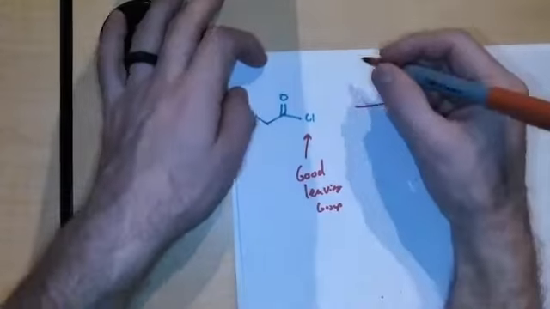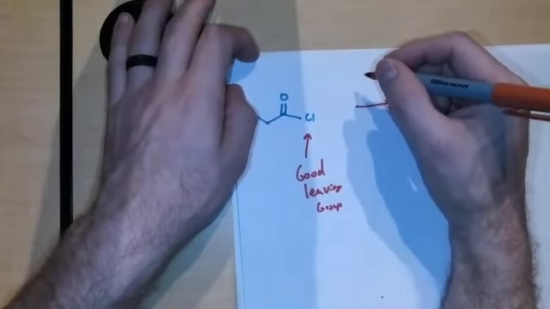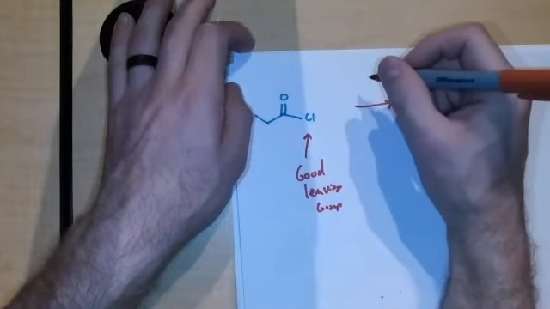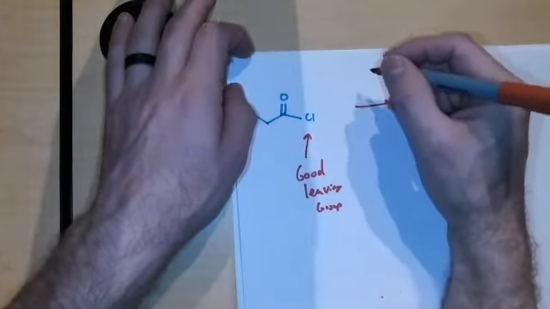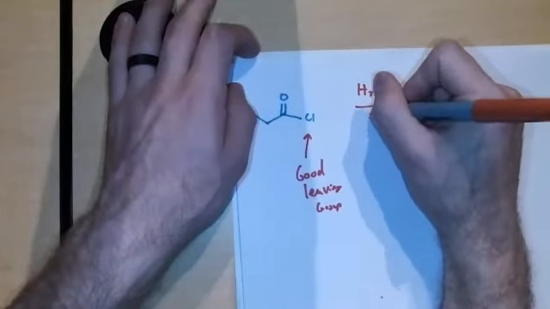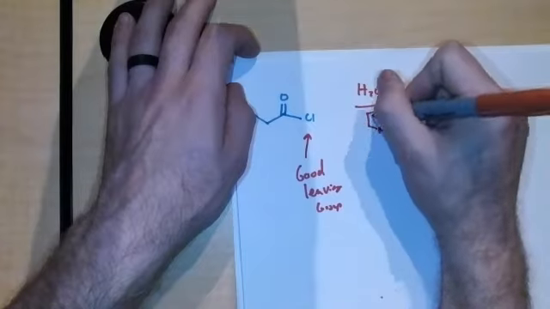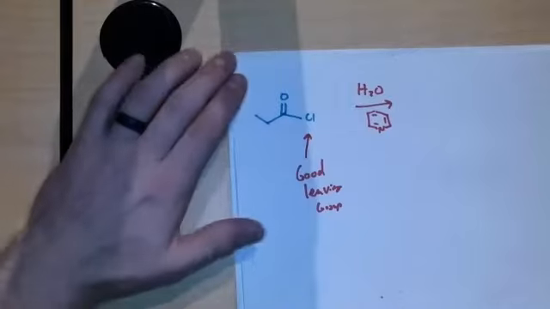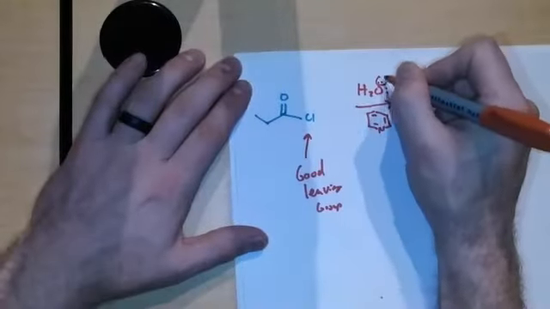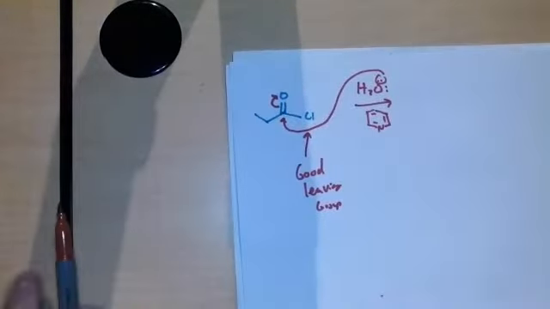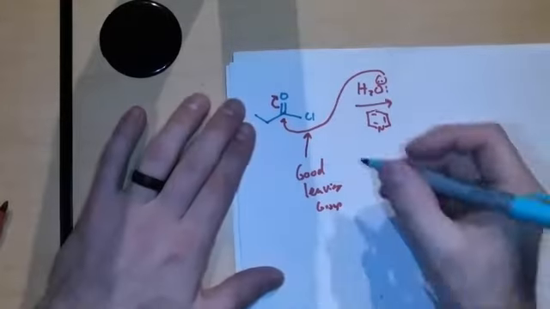So if we throw in H2O and pyridine, our water can do an attack on this carbonyl.